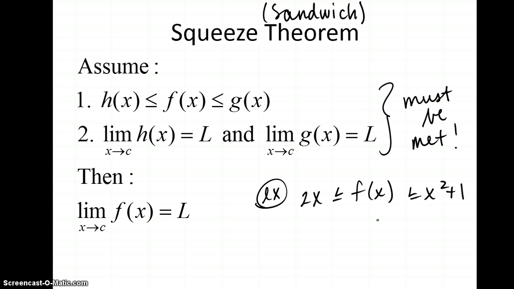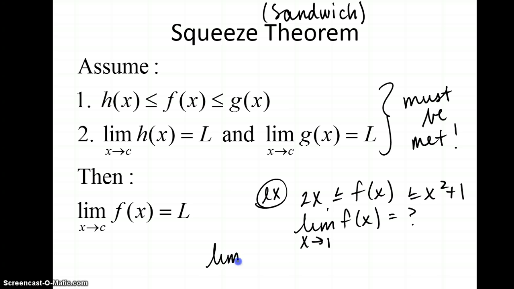So I have this function f of x. I don't know what it is, but I know it's bounded below by the line 2x and above by the quadratic x squared plus 1. And your question, I ask you, what would the limit as x approaches 1 be? Okay, well, using the squeeze theorem, I know that f is bounded below and above by 2 given functions.